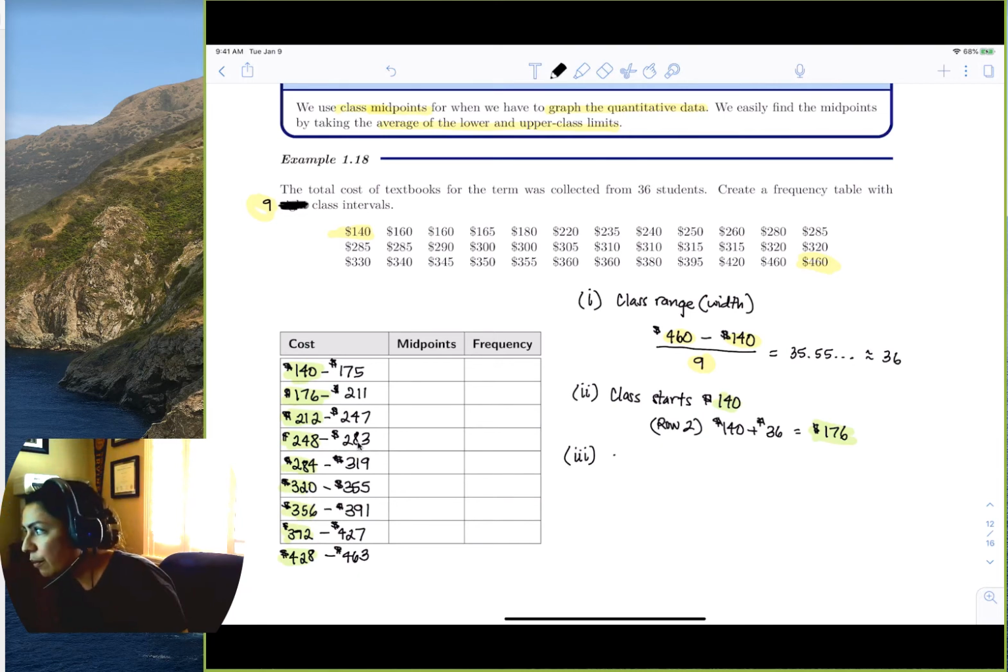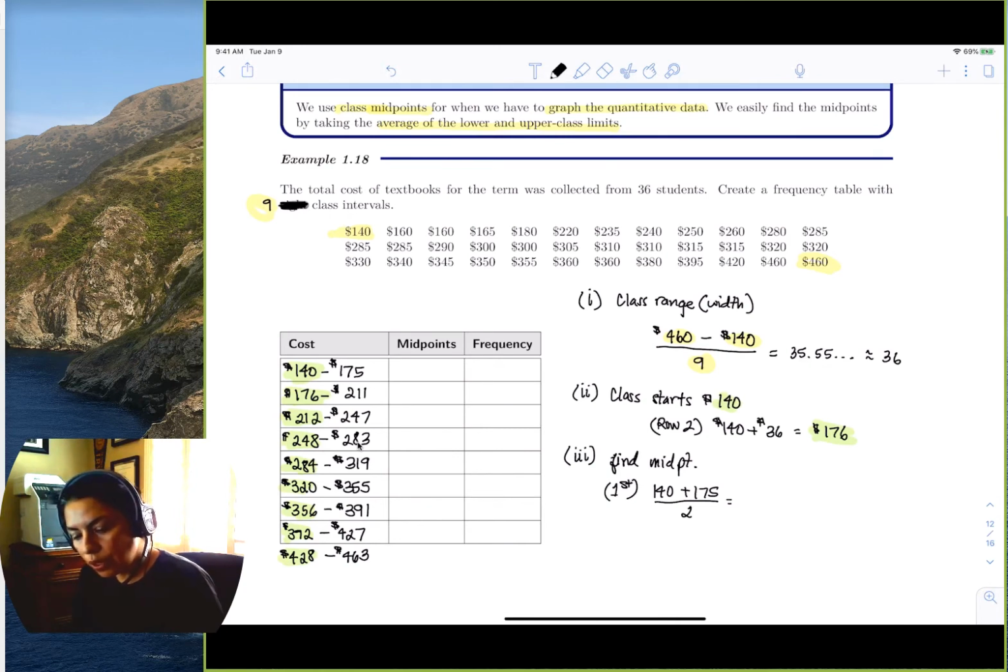So the first one would be 140 plus 175 divided by 2. And so when you do 140 plus 175 and then divide by 2, you get 157.5.